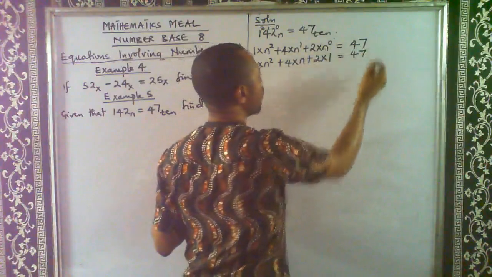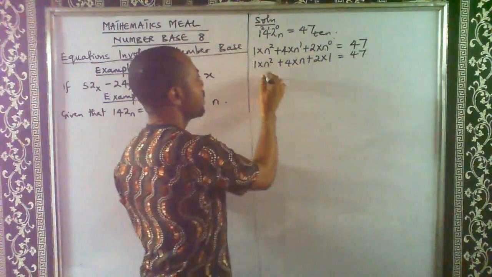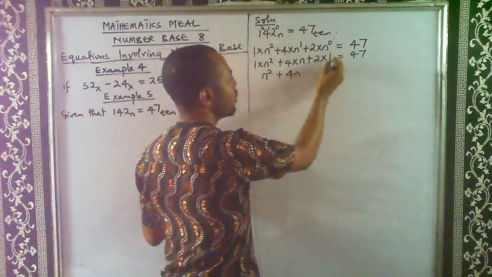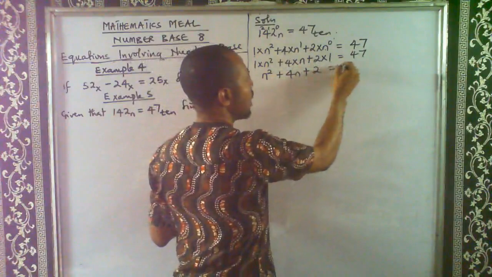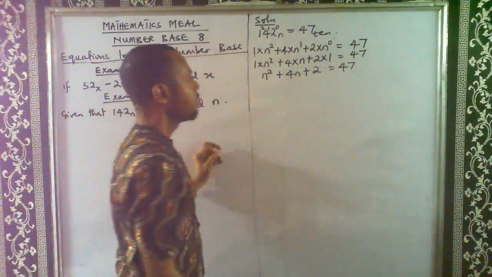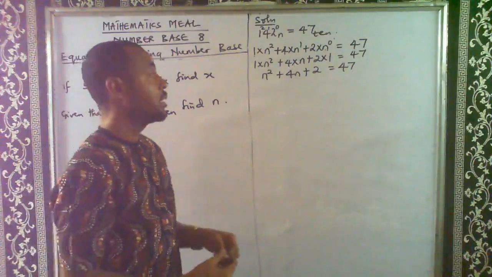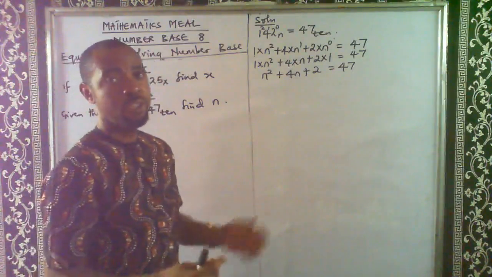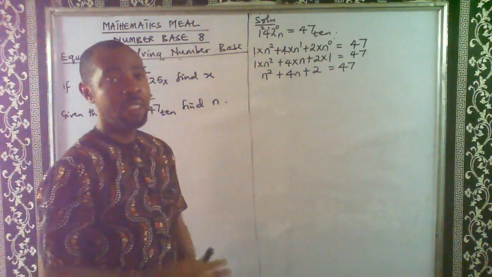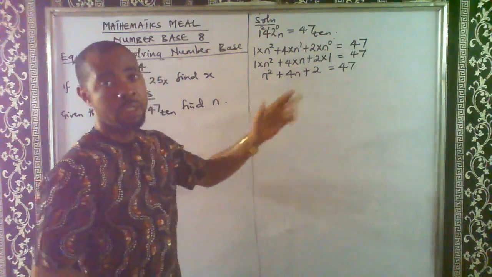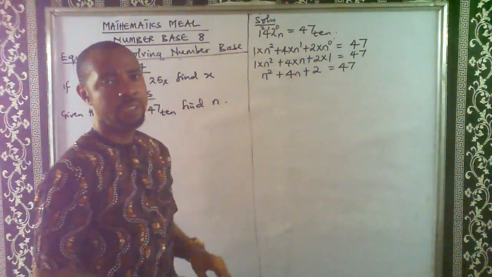Let's just follow all the steps. 1 times this now is n squared, 4 times this is 4n, 2 times 1 is 2, and we have 47. Now this equation is not like the ones we have been forming previously. All the equations we have solved so far are linear equations, but now we have a power of 2. So this equation is quadratic in nature.